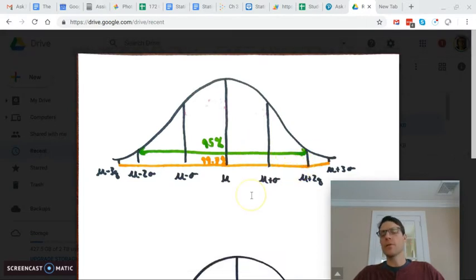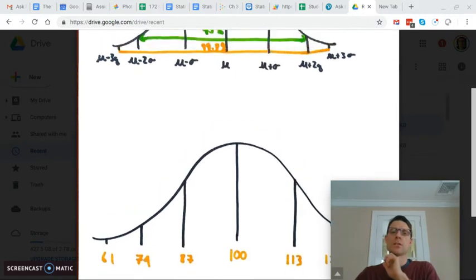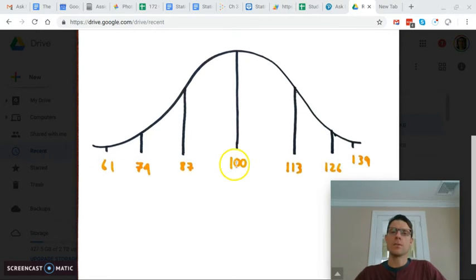Now, if you remember from the question, our mean for our particular normal curve is 100, and our standard deviation is 13. So I drew out the particular situation in this case, where 100 is our mean. I add 13 to go up 1 standard deviation, add another 13 to go another standard deviation, and another 13 to go a 3rd standard deviation.